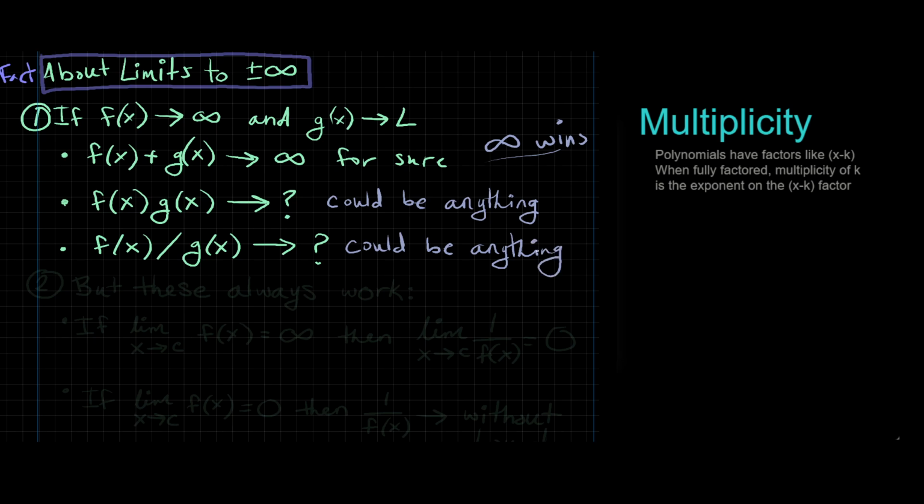Again, it depends on how strongly f wants to increase and how strongly g of x is attracted to that L. So you can get lots of weird behaviors when you multiply and divide limits, right? We didn't have all this uncertainty when we were talking about two functions that both go to some finite number.